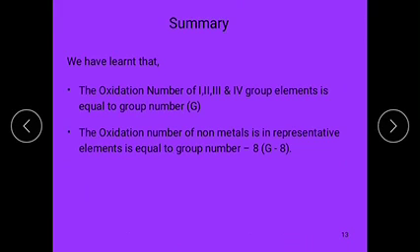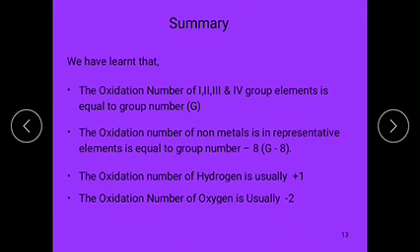The oxidation numbers of non-metal representative elements are also equal to the group number. The oxidation number of hydrogen is usually +1; in the metal hydride case it is -1. The oxidation number of oxygen is usually -2, but in the case of peroxide it is -1.